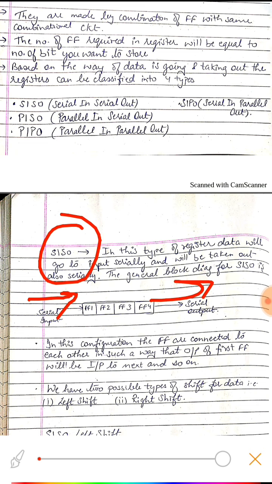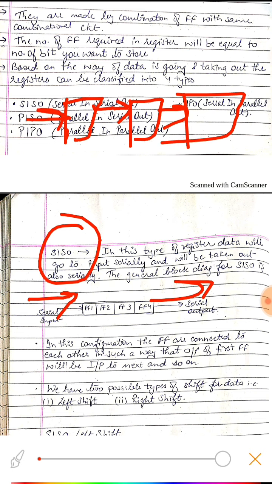In this configuration, the flip-flops are connected to each other in such a way that the output of one flip-flop is the input to the next, and the output of this one is the input to the other. This is how the flip-flops are connected in the serial in, serial out configuration.